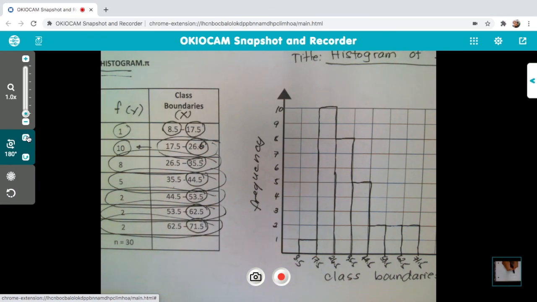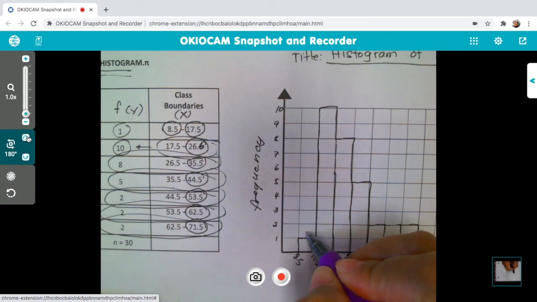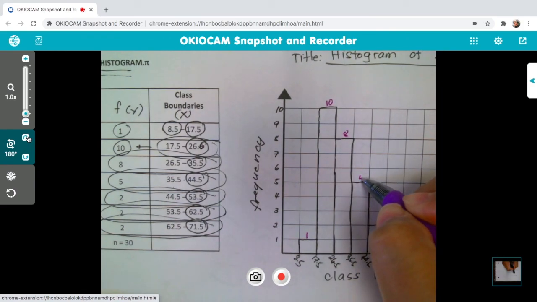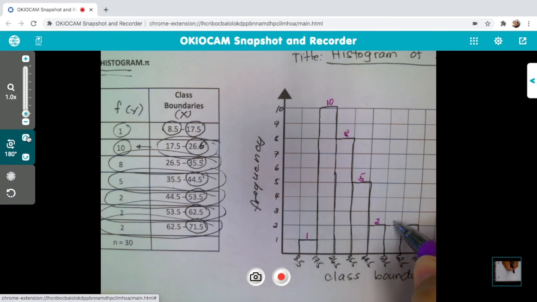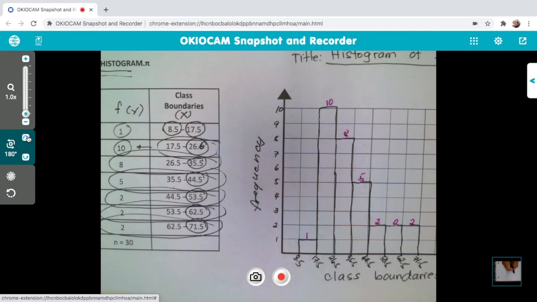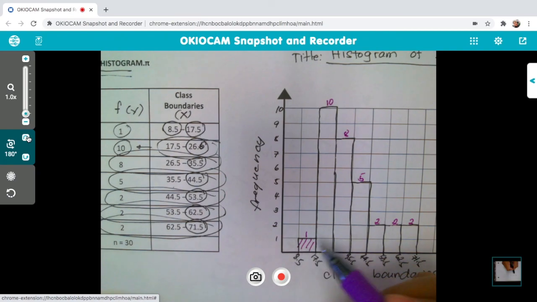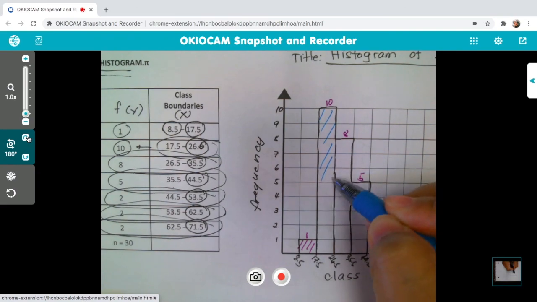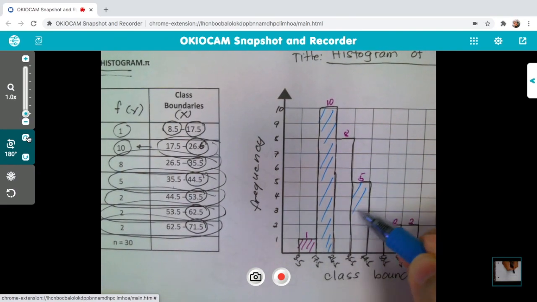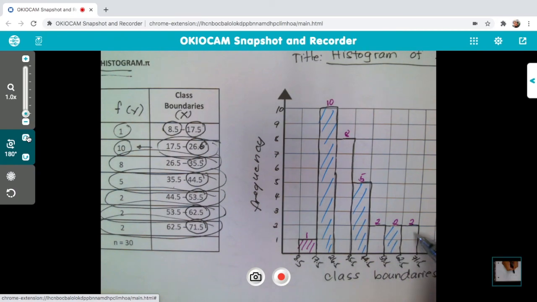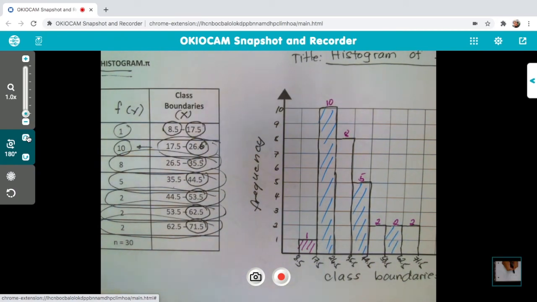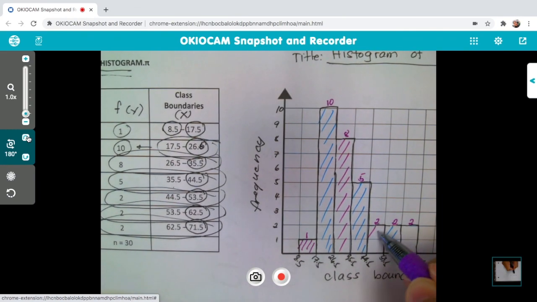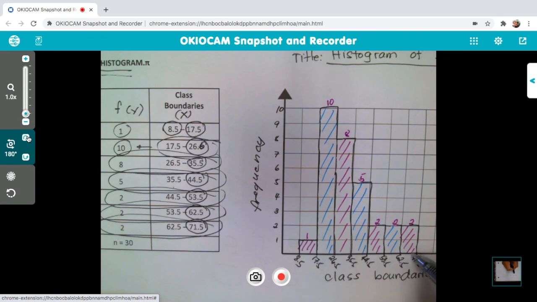If you want to put the number or the frequency here, 1, 10, 8, 5, 2, 2, and 2, it's up to you. And then if you want to put some color for you to see the difference, it's up to you. But the proper graphing is more important, and a complete label of this graph is best.